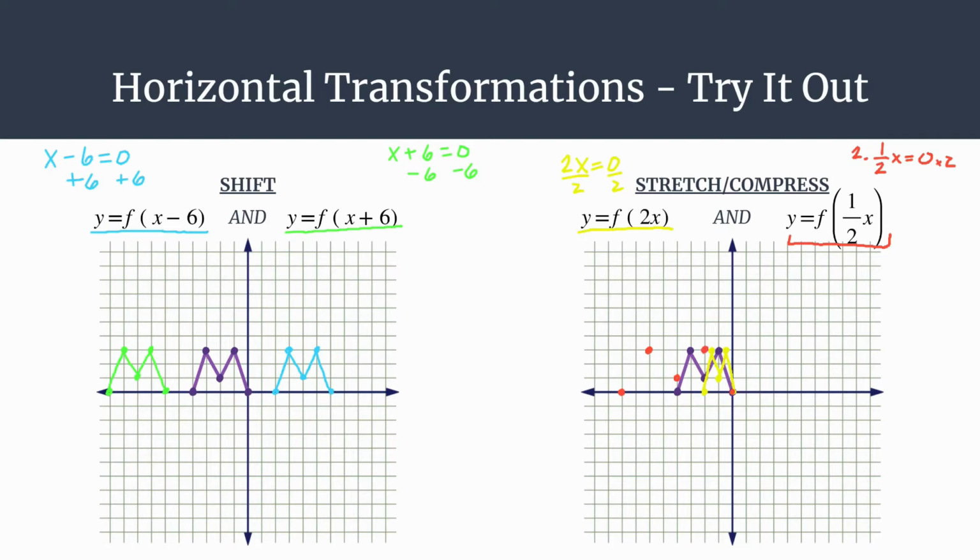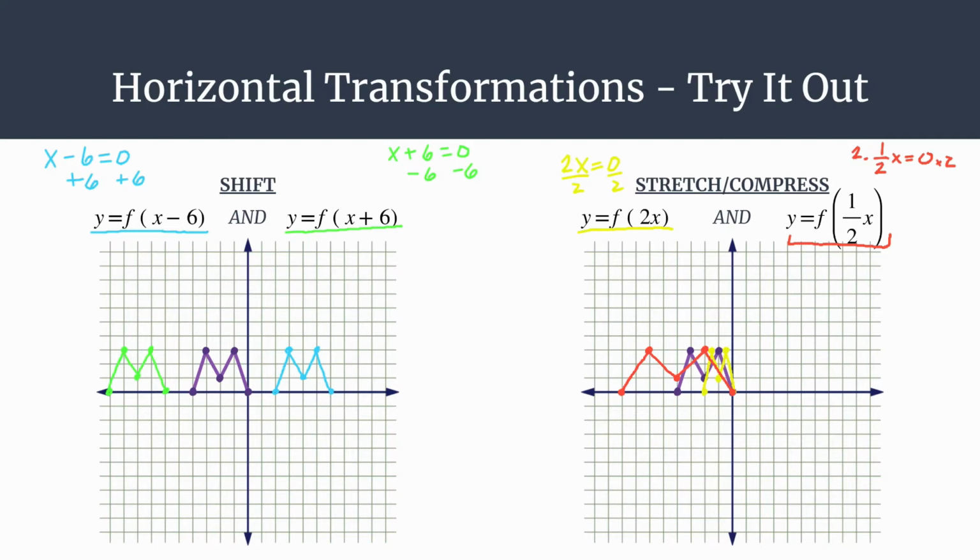And 0, 0 stays the same. So you can see that this one is stretching out our original purple graph. I know we are getting a little messy there, but hopefully you can still see. You could always move these to separate graphs. But you can see that our original purple graph has been horizontally stretched out. So this is what a horizontal stretch looks like.